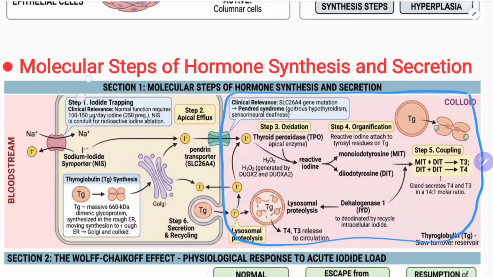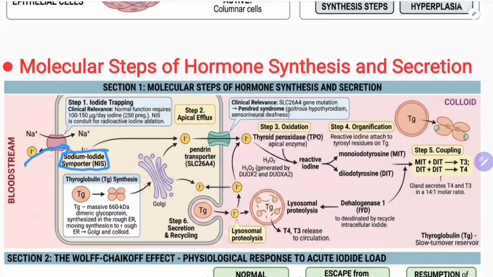Now what will happen? There is a transporter known as sodium iodide symporter, NIS. Iodine from the bloodstream enters the follicular cells through this sodium iodide transporter. This is step 1, known as iodide trapping.